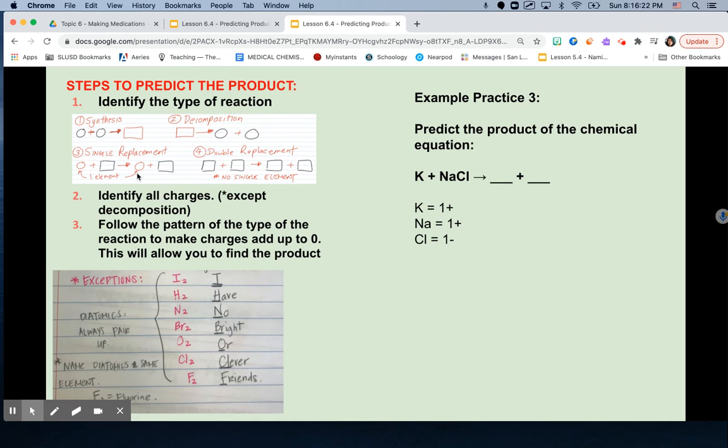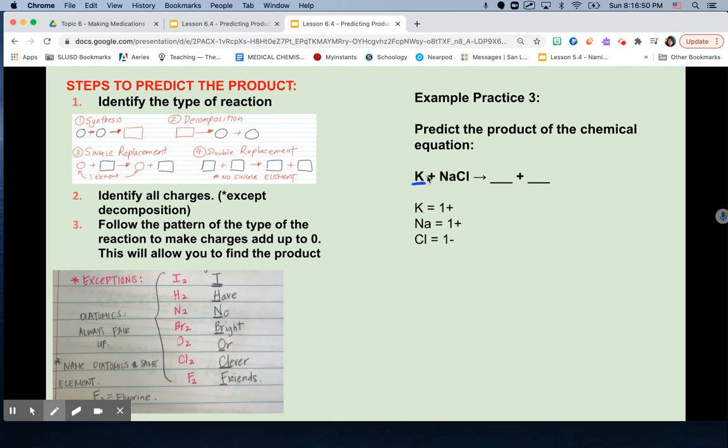Okay, it's going to be single replacement because notice that in the first part, there's at least one element that is a single element, right? It is not combined with another element, meaning it's not a molecule, right? So here, I only see one capital letter K by itself, right?